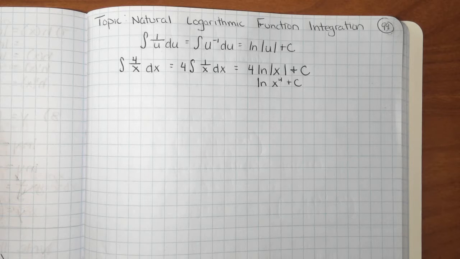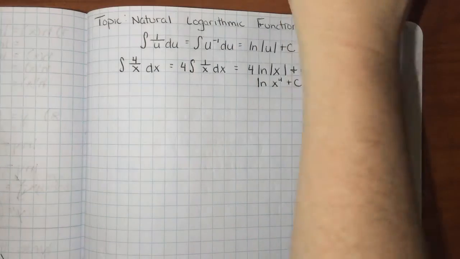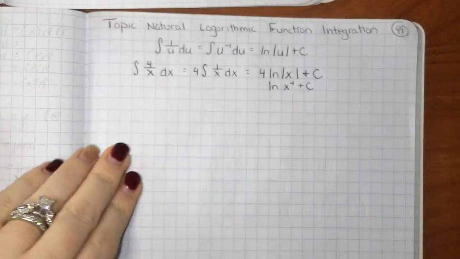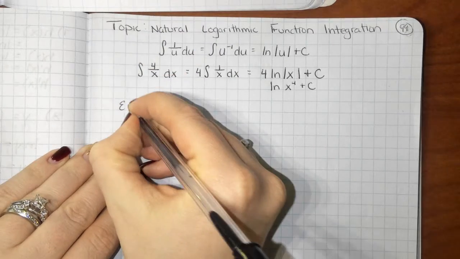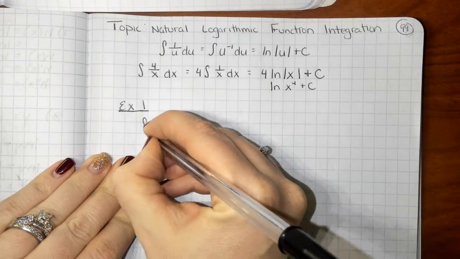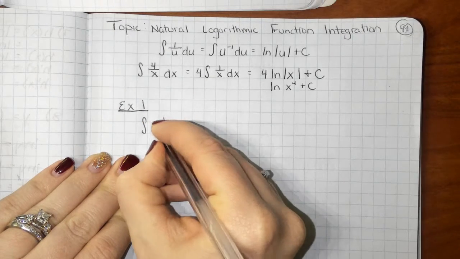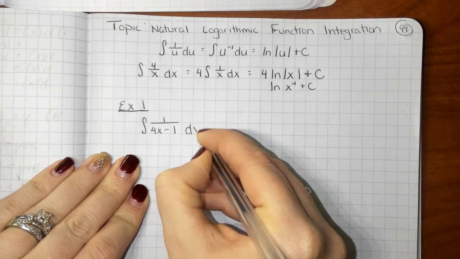All right. So let's move on to something a little bit trickier because nothing's ever going to be that nice for us. Example 1. I'm going to be integrating 1 over 4x minus 1 dx.